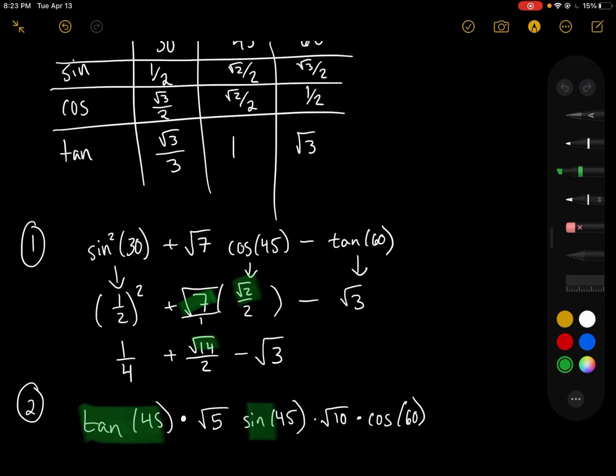If you're like, Mr. R, this is a lot of stuff. That's the point. We're taking this to the next step. It's going to be a little bit harder to do these, but again, the key is we are just taking values that we know, and we are replacing them with their values in the table.